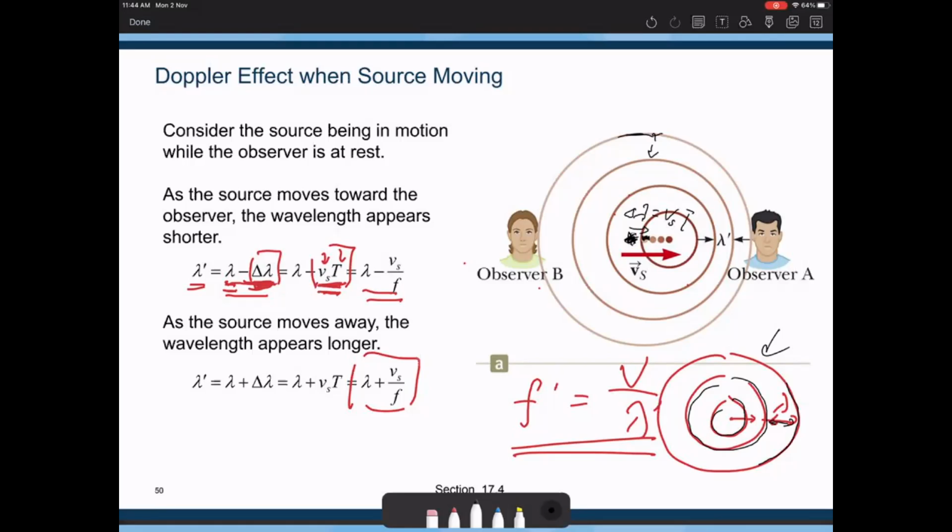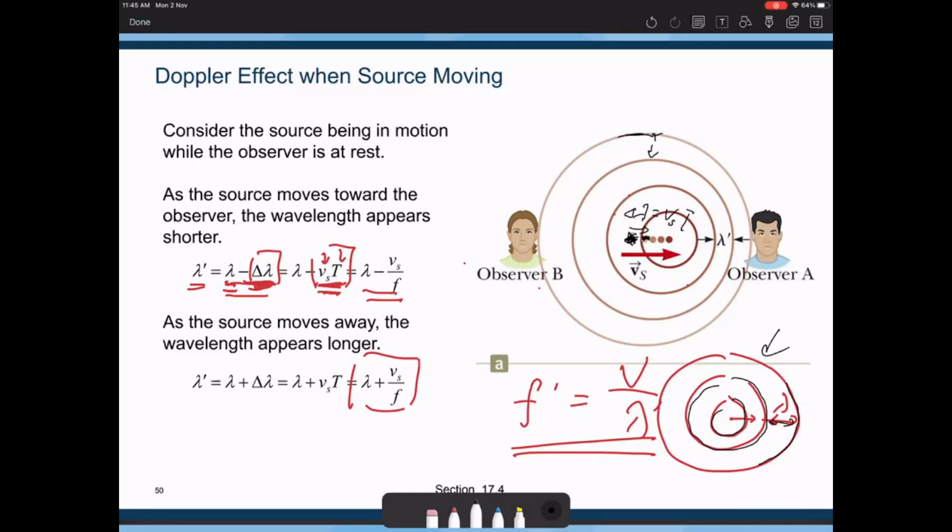Remember, adjacent wavefronts are separated in time by one period of oscillation. After all, these wavefronts correspond to the peaks of the wave. So they are separated usually by one wavelength, and that corresponds to a time of T, one period of oscillation.